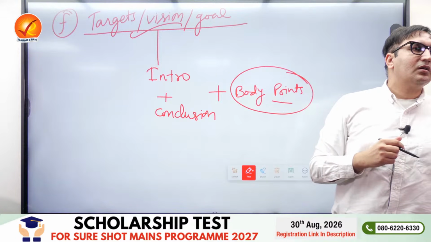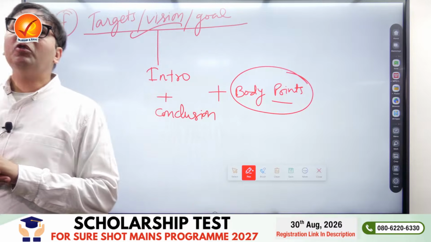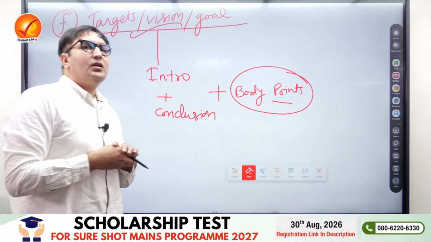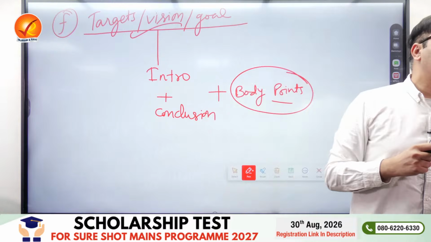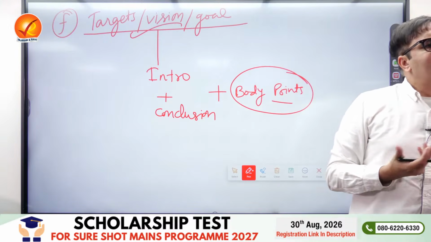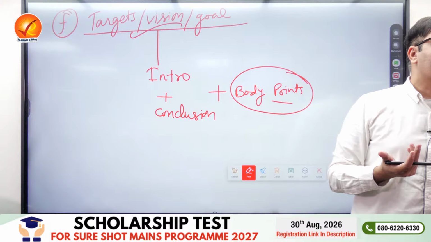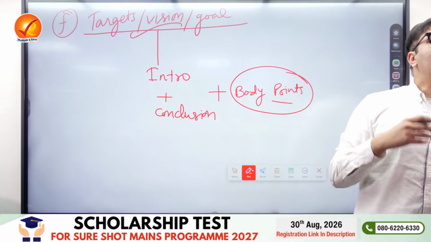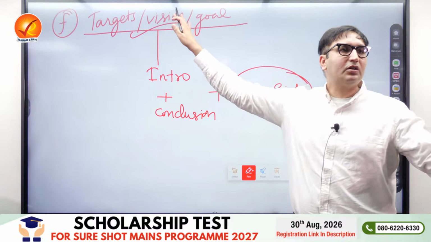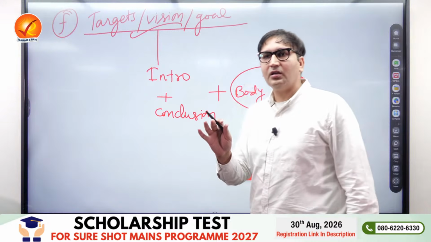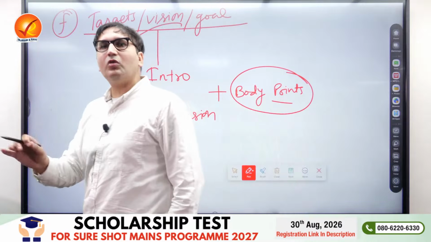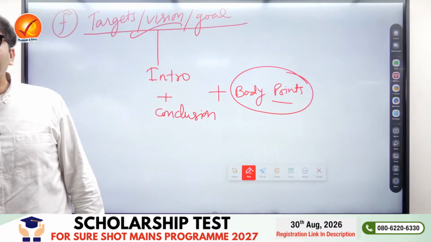But writing something like, for example, I'm talking about, let us say, renewable energy. Writing that renewable energy is a very significant area for India to explore because we are an energy hungry country. So this is a generic introduction, right? But if you show that significance with some goal or target or vision, that shows the emphasis from the government's side. This is significant because the government is trying to achieve that, right?